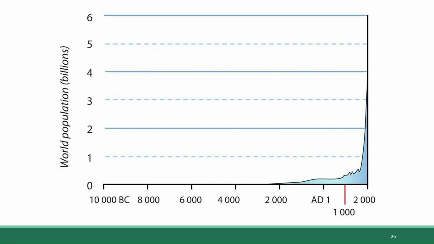Only since about the year 2000 can we actually detect the human population. And then since the Industrial Revolution is when you see the number of people shoot almost straight up. This graph doesn't even take us to present day. It ends at 6 billion, but we're now at 8 billion.